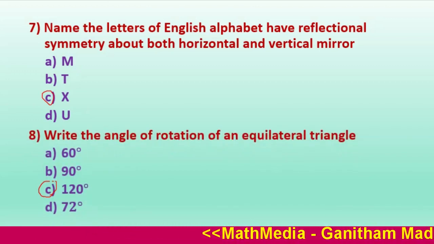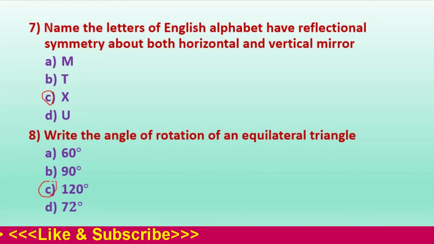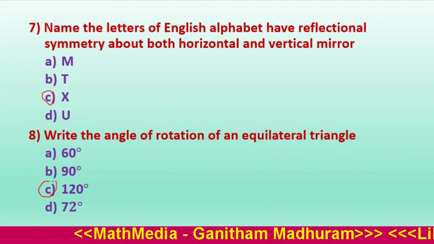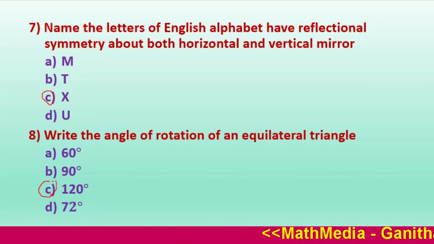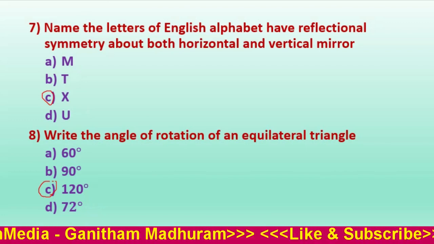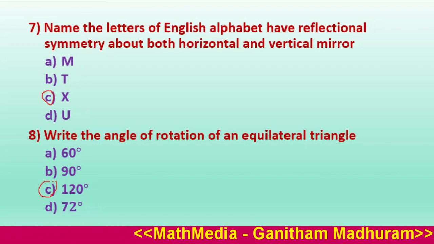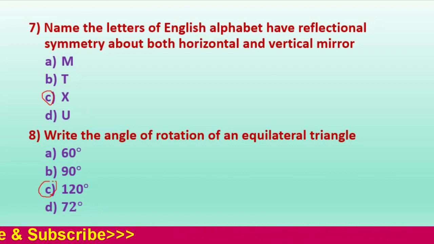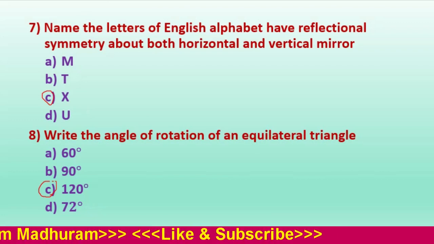Next question. Write the angle of rotation of an equilateral triangle. The angle of rotation of an equilateral triangle means we will get the same equilateral triangle in the same position 3 times when we are rotating it about its center. 3 times it will appear exactly like the original figure.